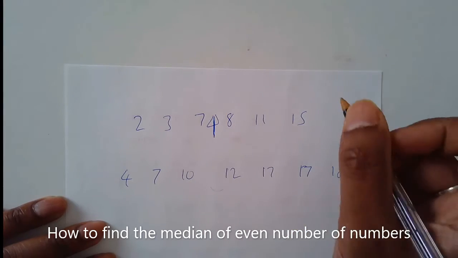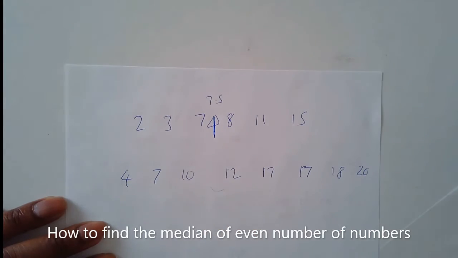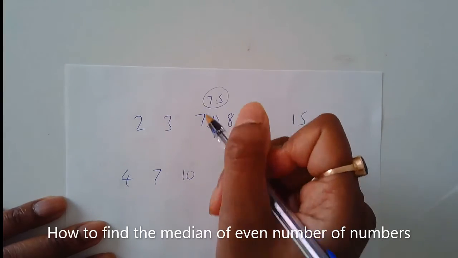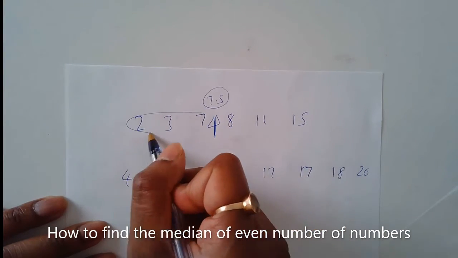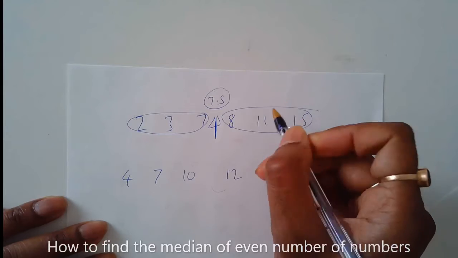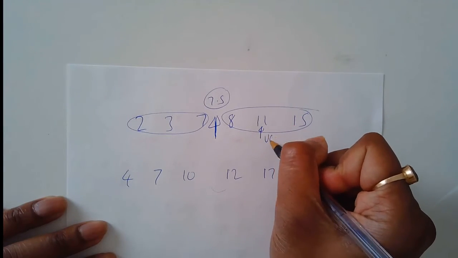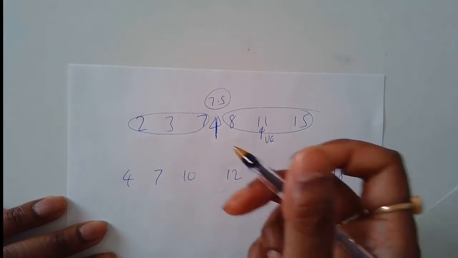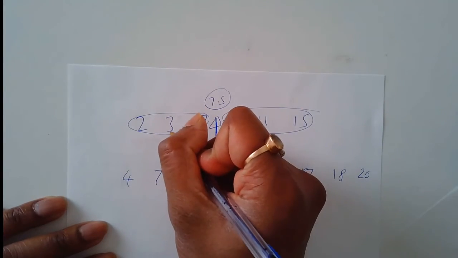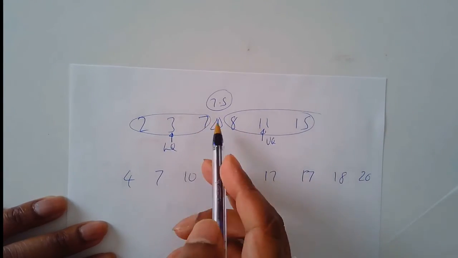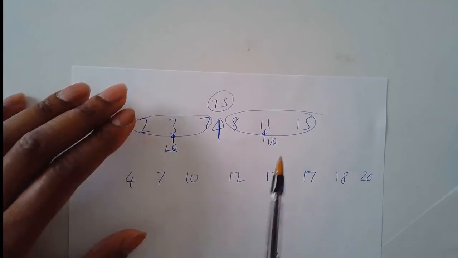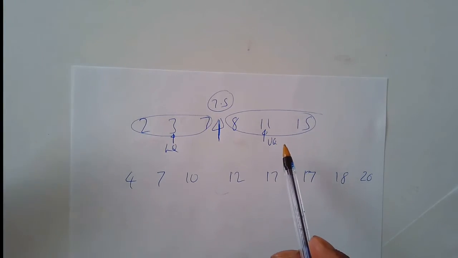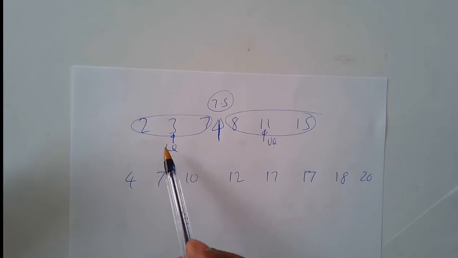That's 7.5. That would be the median. Upper quartile is the middle of this ring, or wing, whatever you want to call it. And this one here is the lower quartile of this side. That's the lower quartile, upper quartile. You can work out interquartile range by doing upper quartile take away lower quartile.